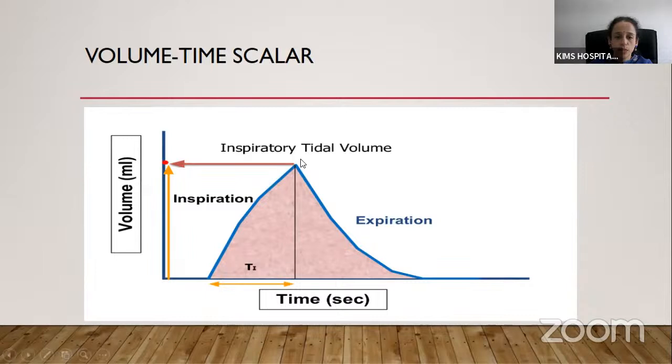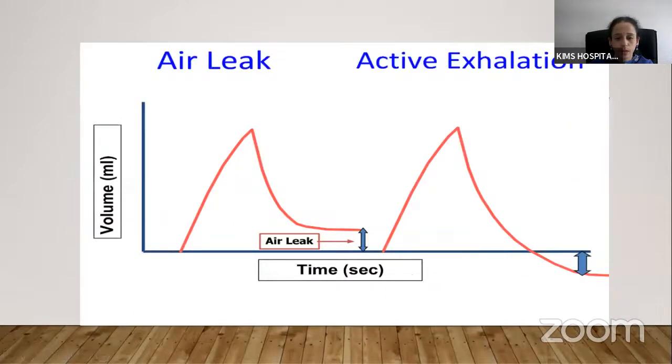This is the inspiratory tidal volume, the maximum tidal volume which was given to the baby, or the targeted tidal volume which we have set, and then it goes into the expiration. So if there is a leak, how will it show? This expiratory part will not return to the baseline. It will not touch the baseline. This is the leak. And if it is overshooting, we can see that the baby is trying to exhale actively.